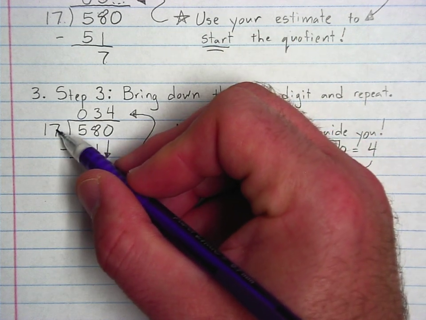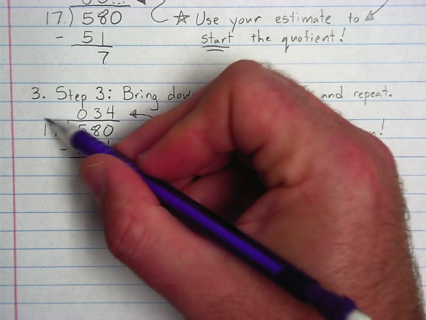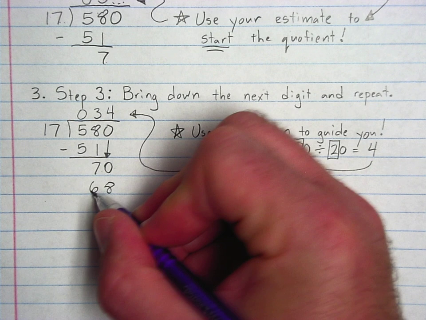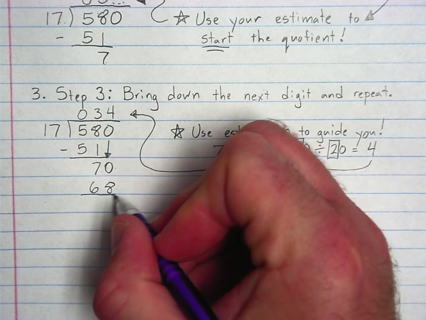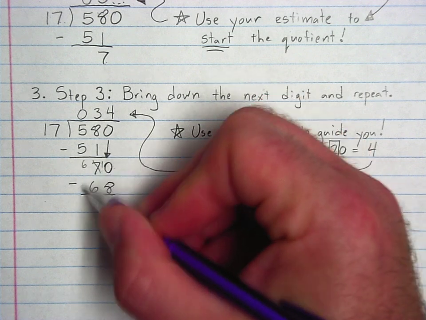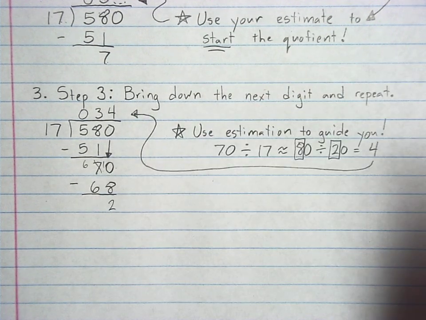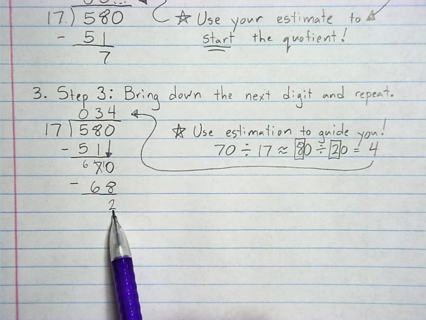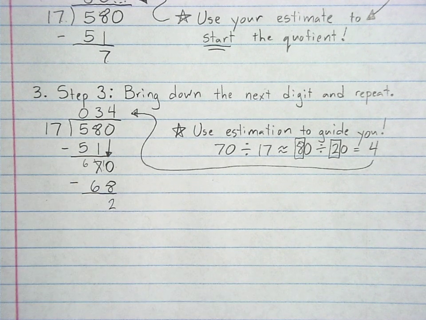4 times 7 is 28. Carry the 2. 4 times 1 is 4. 5, 6. So you should have 68. When I subtract 70 minus 68, 10 minus 8 is 2. 6 minus 6 is nothing. Not too shabby. This is less than the divisor, so we're good.